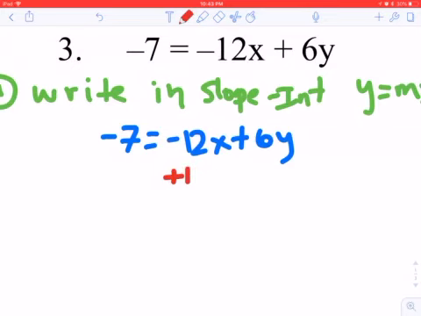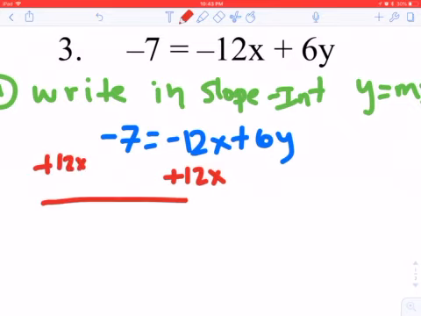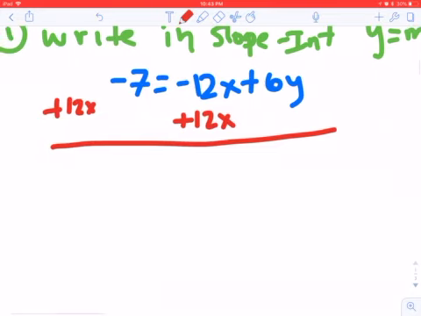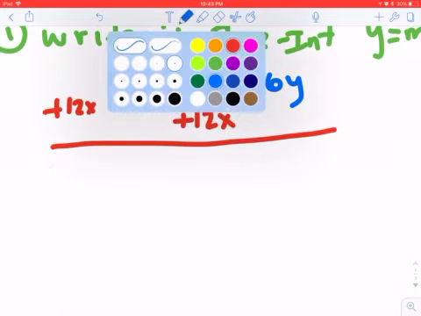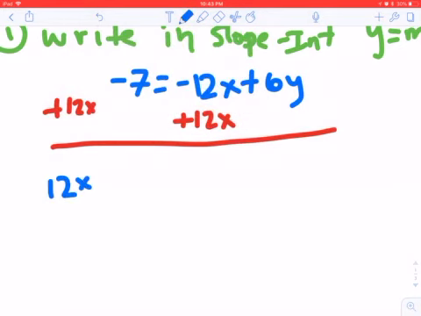So I'm going to plus 12x to both sides. Okay. So the 7 and the 12 cannot add to each other. That's why I put them different so that we don't get confused and add them like that. So I get positive 12x minus 7 is equal to 6y.